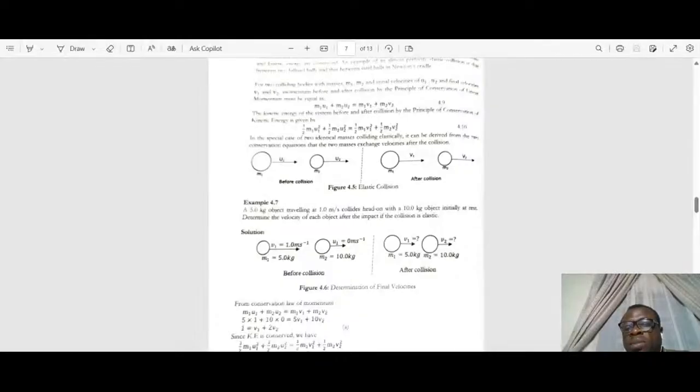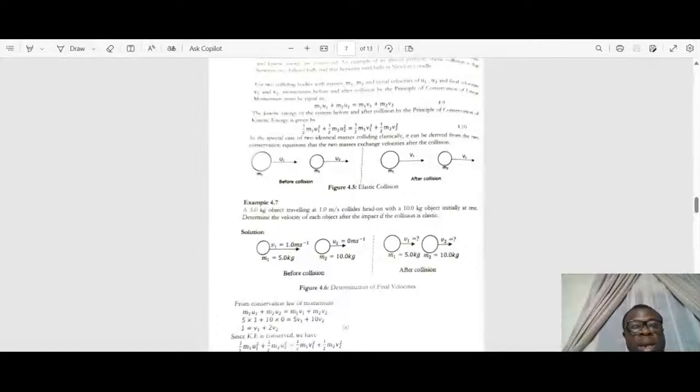So these are forms of energy. But here, we are saying that the elastic collision is the type where both momentum and kinetic energy are conserved.